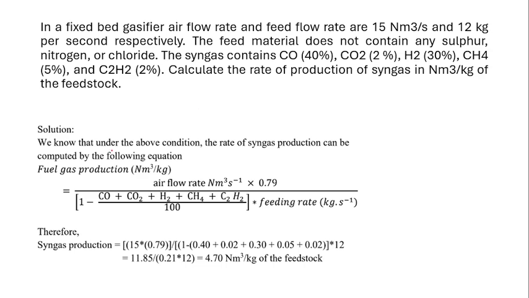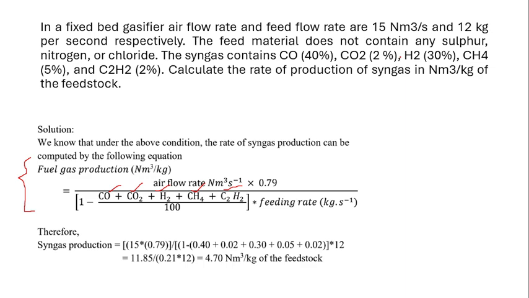Here we know that under the above condition, the rate of syngas production can be computed by the following equation. This is the general equation. Here CO, carbon dioxide, hydrogen, CH4, and C2H2 are the possible products that can be formed during this gasification process.